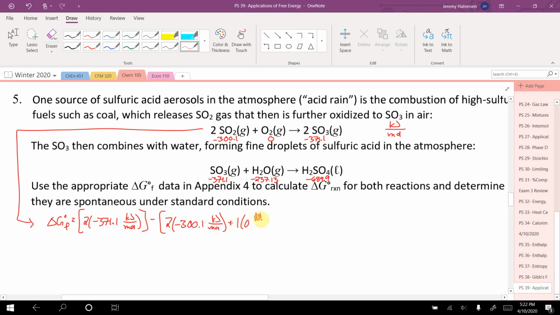And that gives me a value of negative 142 kilojoules per mole. And then this second one, delta G naught of reaction, products minus reactants.